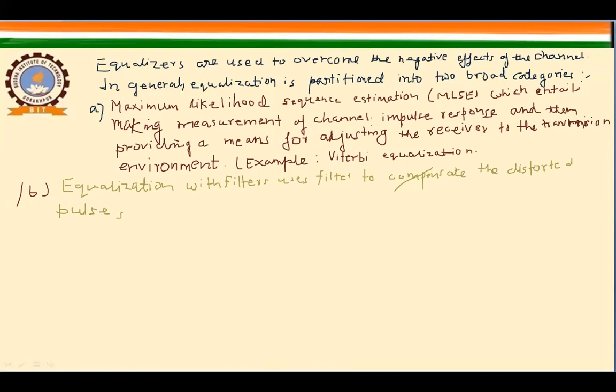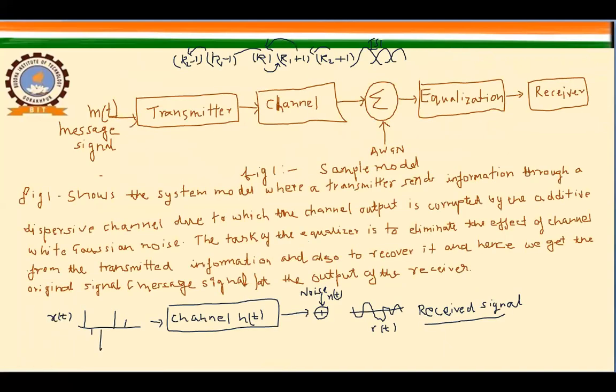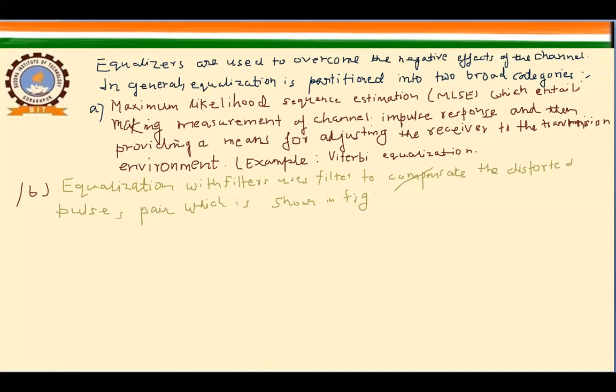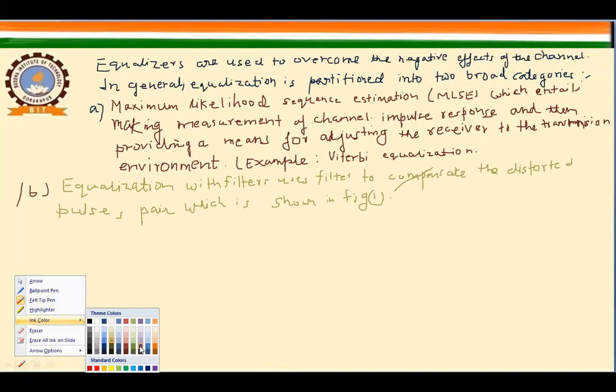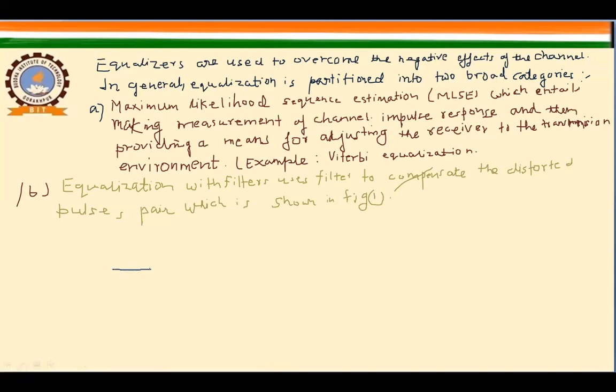Distorted pulses, which is in figure 1. This is the figure, we applied the input, that is the x of t, which having a channel.